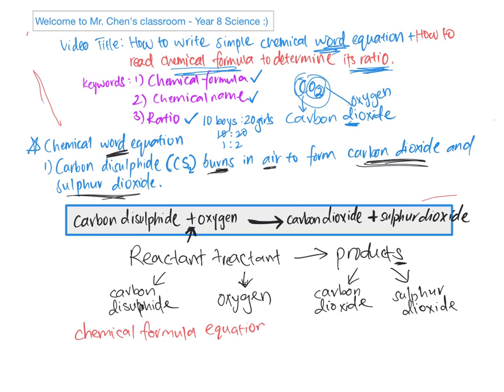If I write the chemical formulas for this one, it will look something like that: CS2, your carbon disulfide, plus your oxygen, obviously O2, will produce carbon dioxide plus sulfur dioxide.